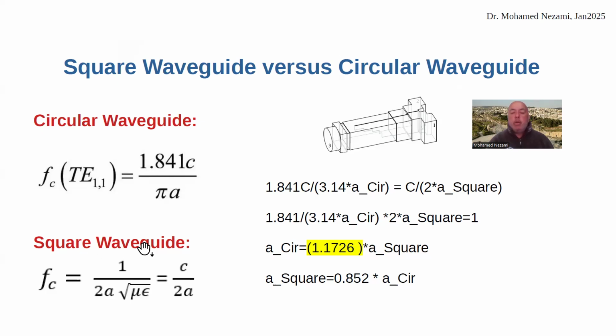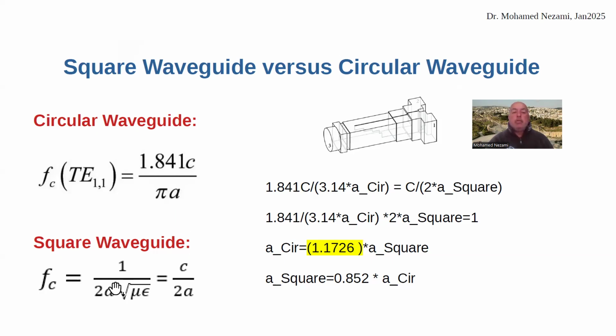And then for a square waveguide, it's just like a rectangular waveguide. You just use the same equation, speed of light divided by twice the broad length, where the broad length in here is equal to the height also.